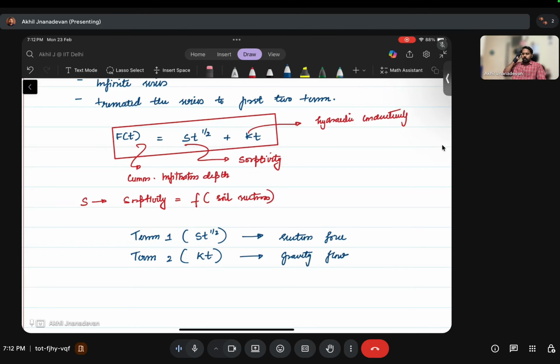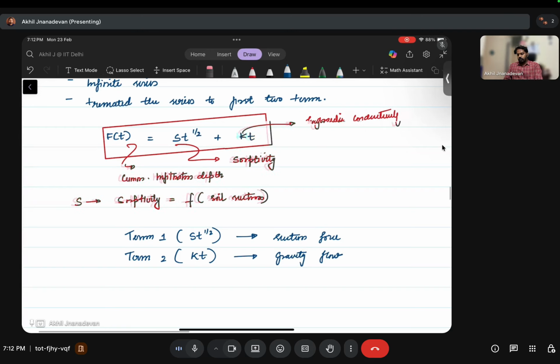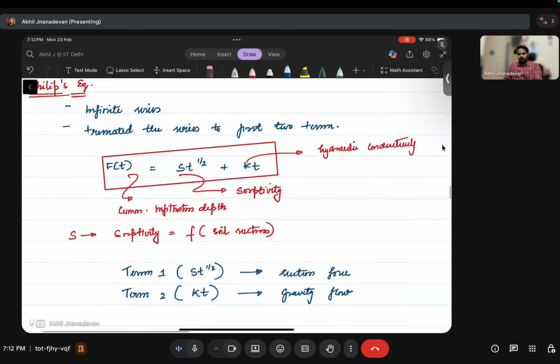For a better understanding, we can see this equation. The first term represents the suction head. Initially when the infiltration happens, the head difference won't be much, so the major force acting will be the suction force. When more and more water gets infiltrated, there will be head differences and flow starts.